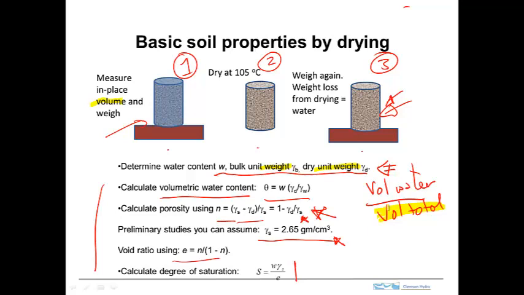So you'll be able to get this term W, the water content, simply by weighing it, even if the sample is disturbed. So under ideal conditions, you're going to determine the volume of the sample that you obtain under undisturbed conditions. And that allows you to determine all of these different parameters. But if you can't, then you can still determine the water content by weight.